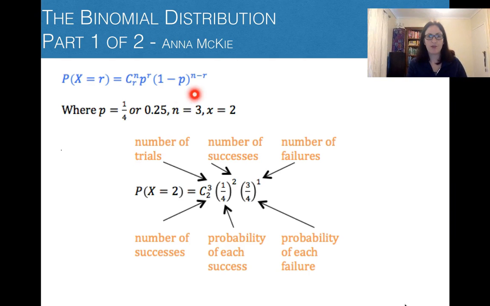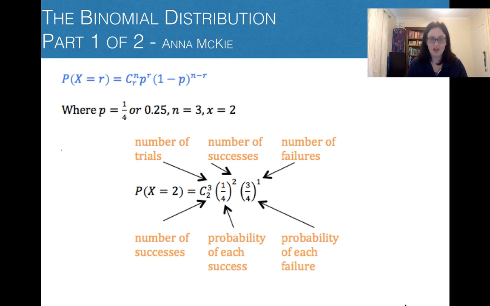So here's that formula that we've just written down. Let's break it down to the question that we've just worked on. Our probability of getting it right was 1 on 4, or 0.25. N is the number of trials, or attempts, so we had 3 questions, and we wanted 2 successes.